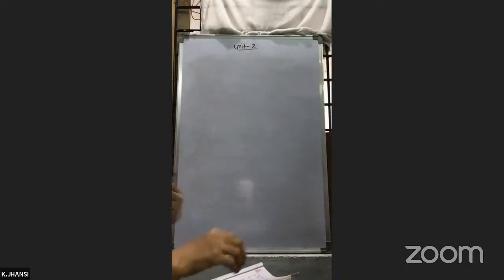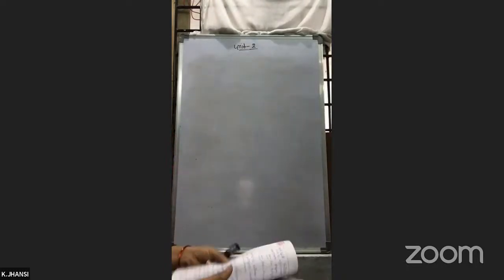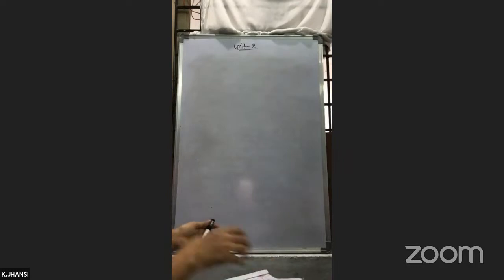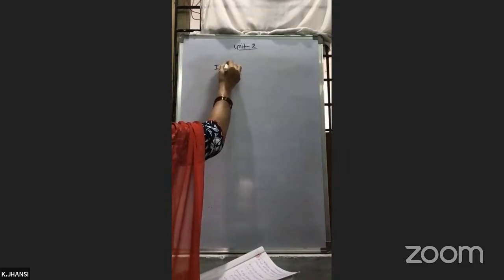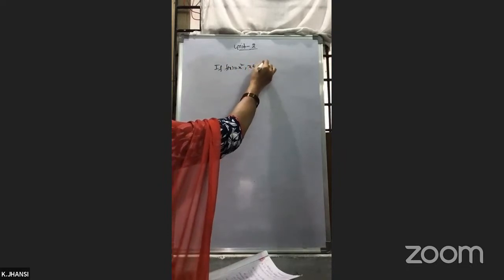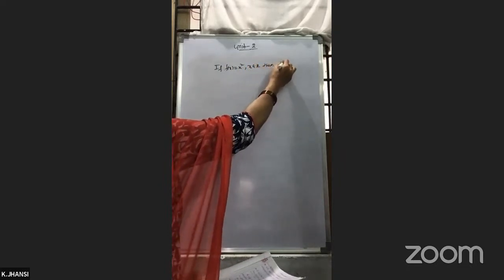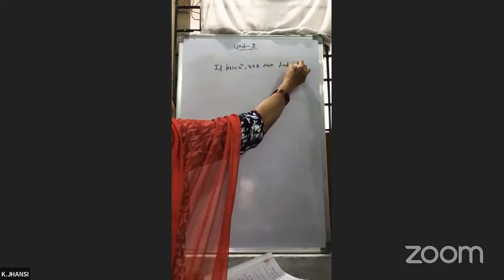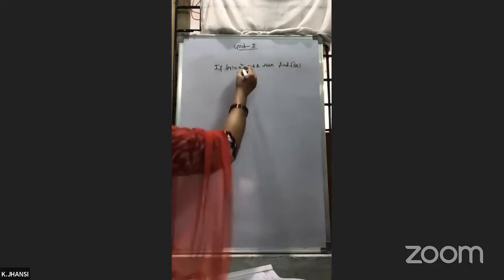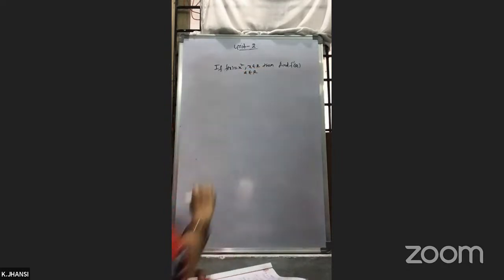So one problem they will give on the first principle. The question will be like this: f of x equals x square, x belongs to R, then find f dash of a, where a belongs to real numbers.